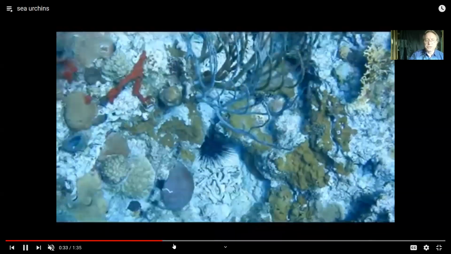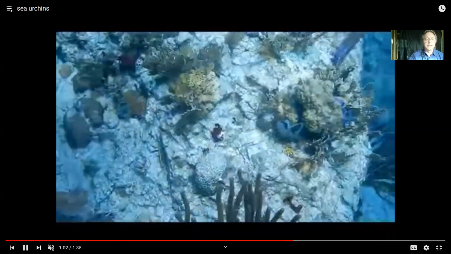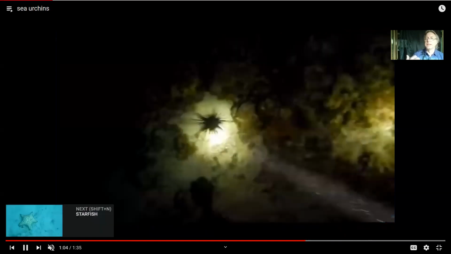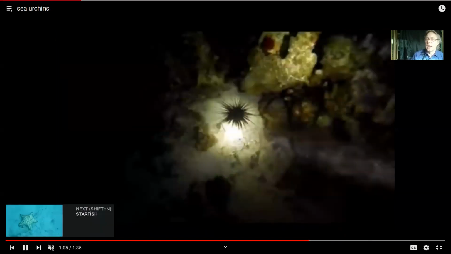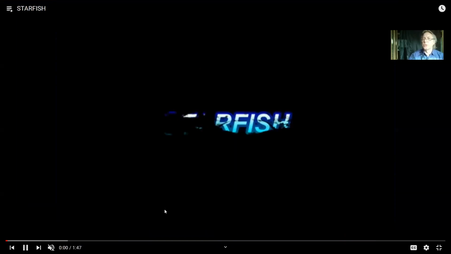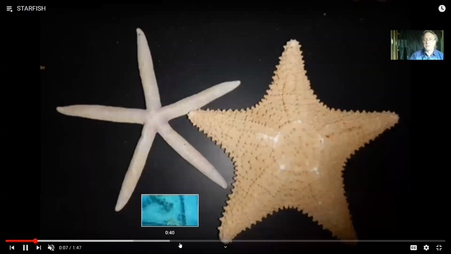And so sea urchins, sand dollars, etc. These are echinoderms. They are a group of deuterostomes. Now, they are so highly modified that they're not a good example of what the early deuterostomes might have looked like.